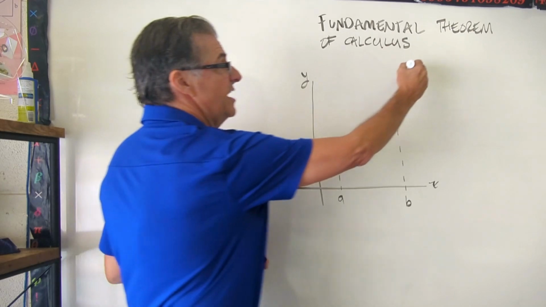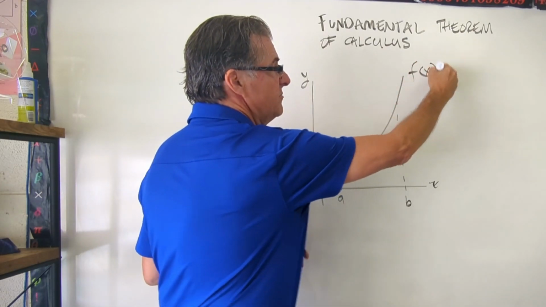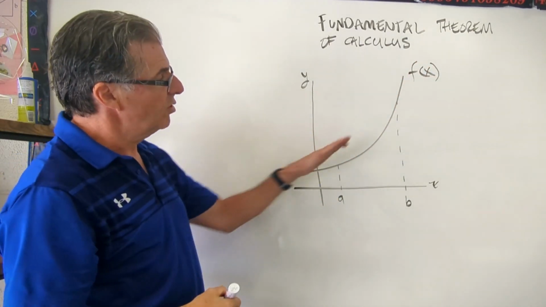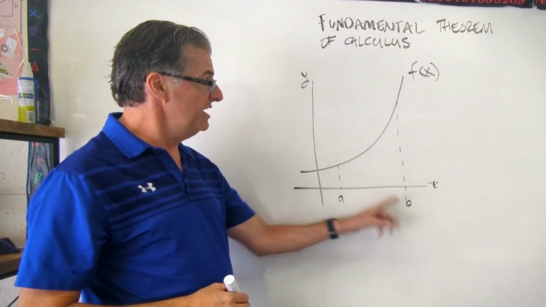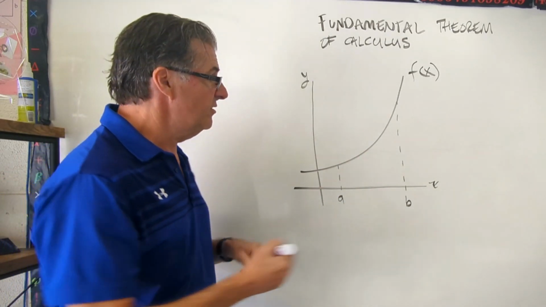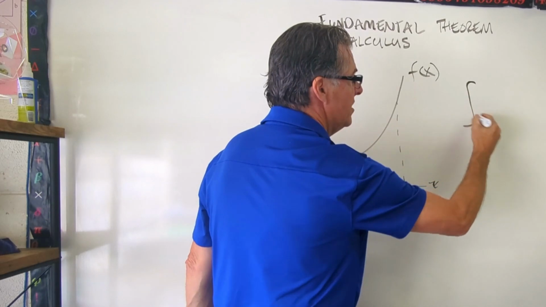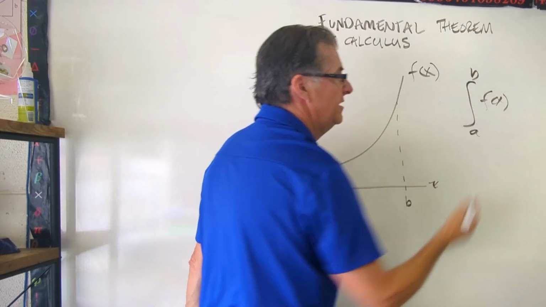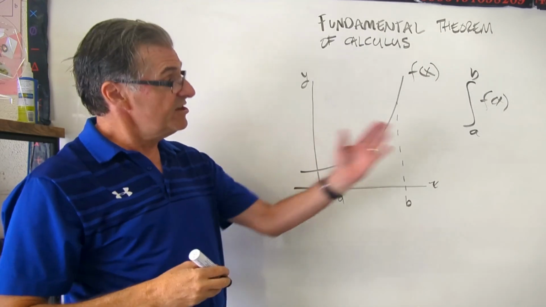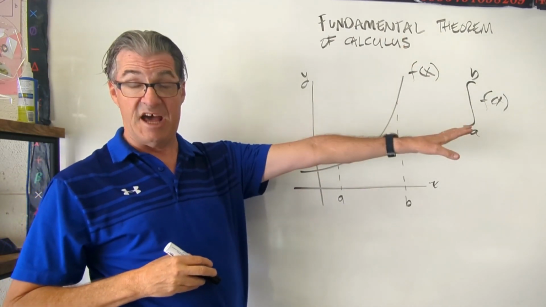For example, I have this particular function. It could be any function that creates this upward curve, and I want to find the area between a and b on this curve. That's the integral from a to b of f of x.